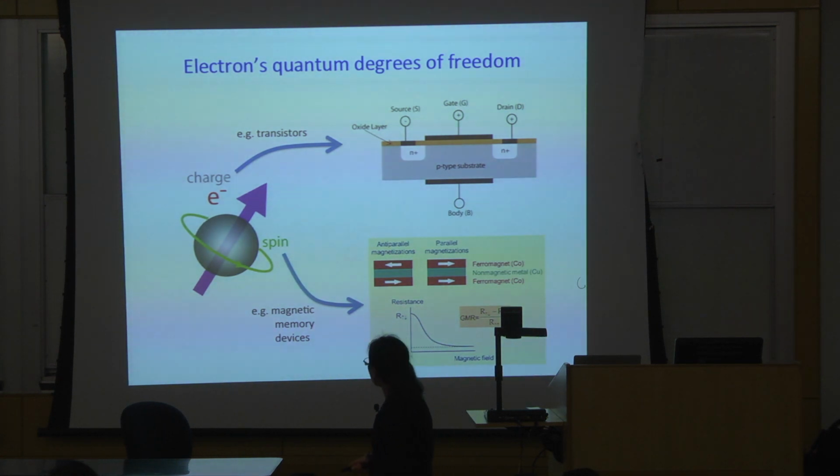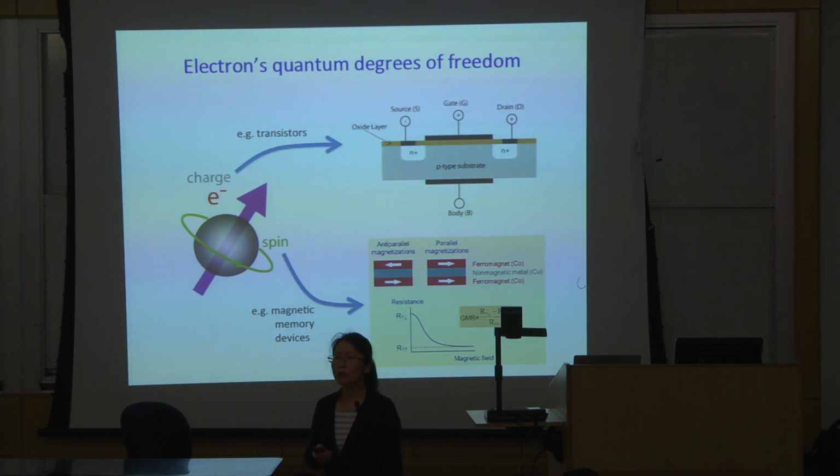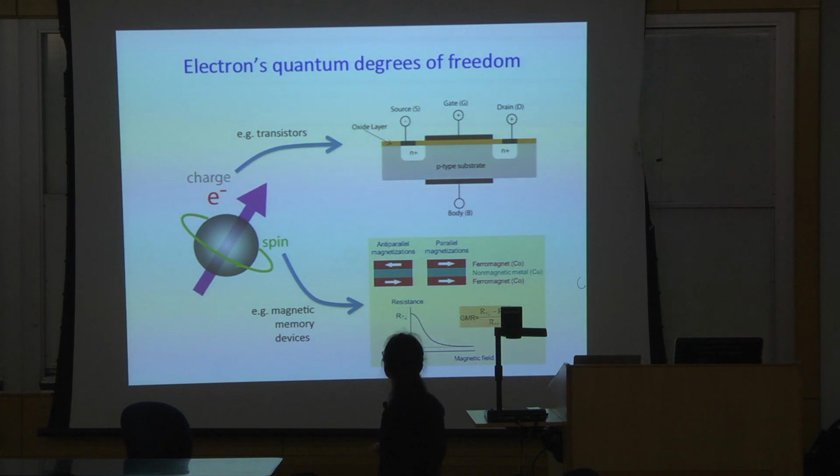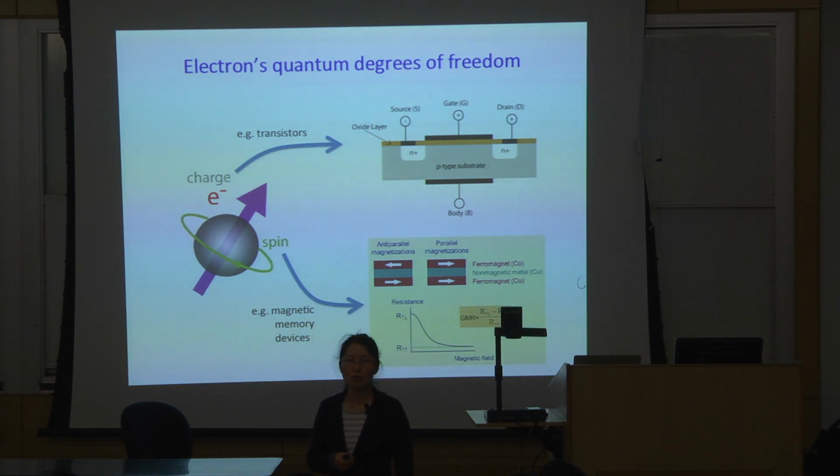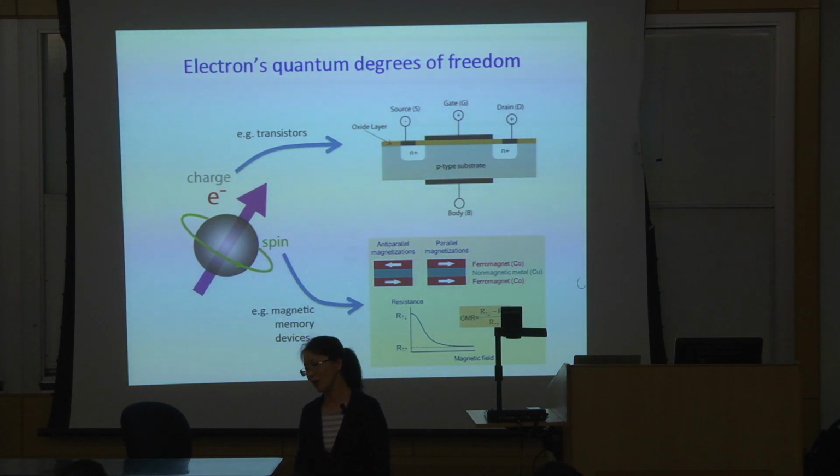Like other well-known degrees of freedom for electrons, for example charge or spin, they could be used for information processing or to carry information. If we want to pursue something like this, we ask ourselves a lot of questions: what is the lifetime? What is the coherence time? How can you control the valley degree of freedom?